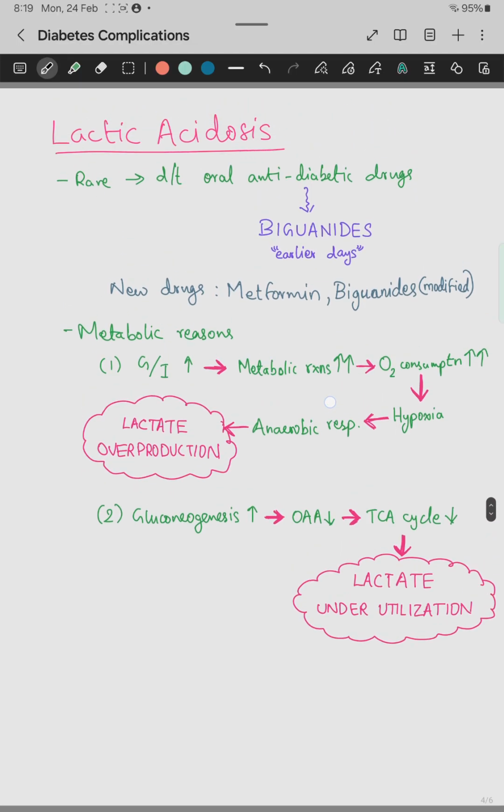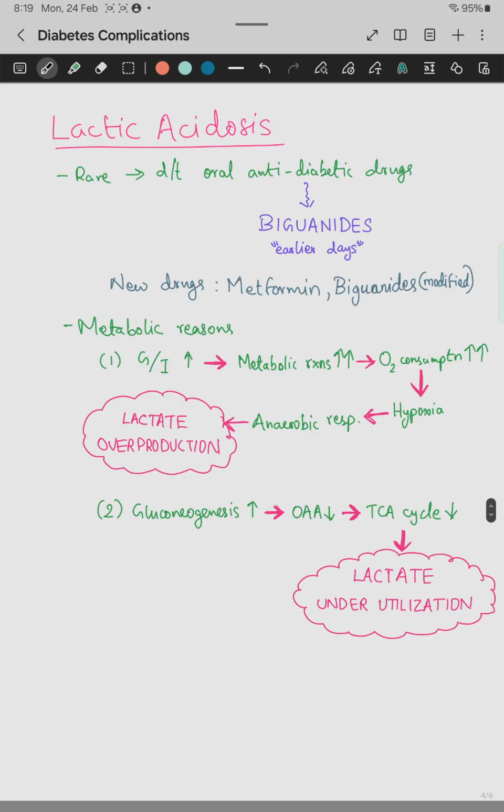Now the metabolic reason for lactic acidosis is that the glucagon insulin ratio increases. As we said earlier, the ratio between glucagon and insulin increases, and that causes increased metabolic reactions like lipolysis, gluconeogenesis and all. And many metabolic reactions are increased abnormally. So that causes very high consumption of oxygen.